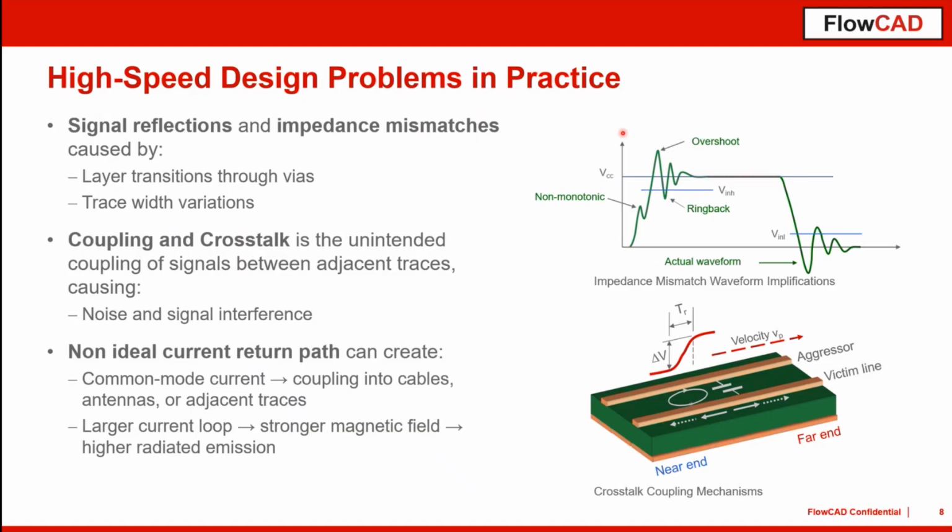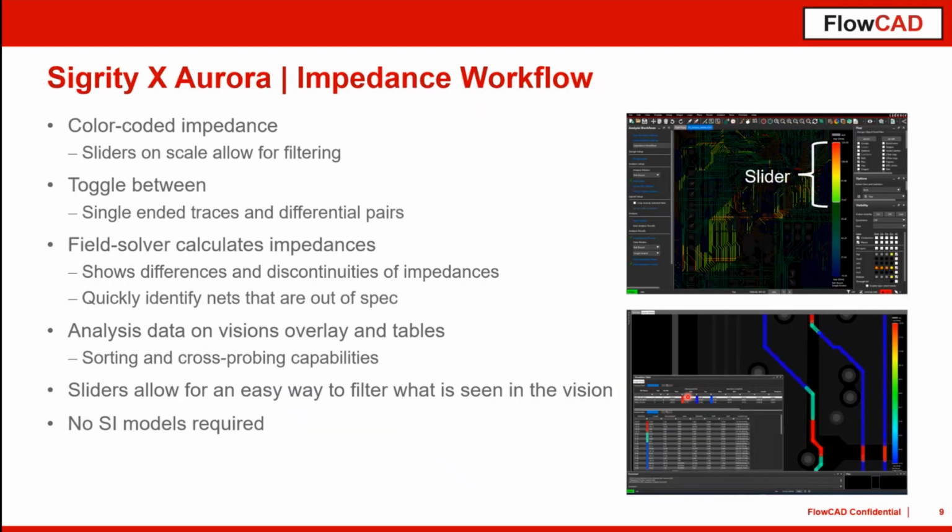Due to the still decreasing size of your components and PCBs, you need to route your signal traces more and more closely to each other. That could create a lot of coupling and crosstalk issues. That is also something that you can analyze with the in-design analysis. So let's get started and see how that works.